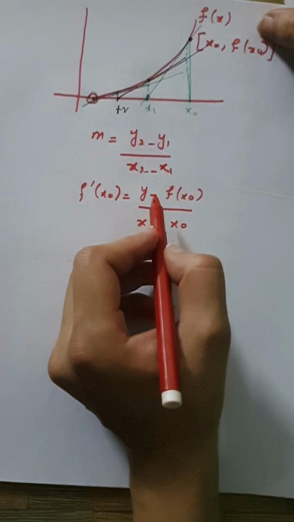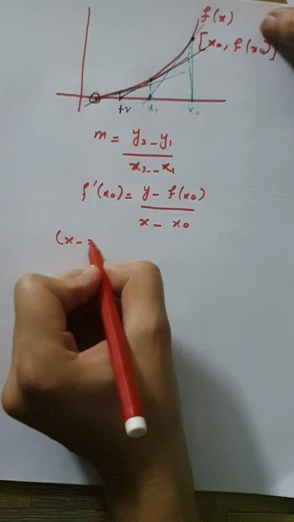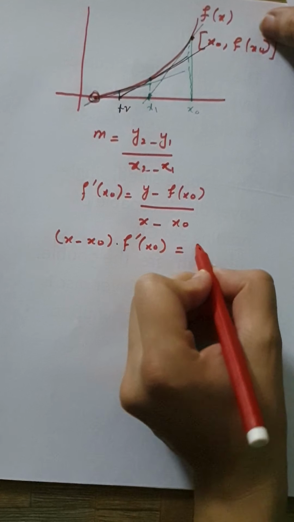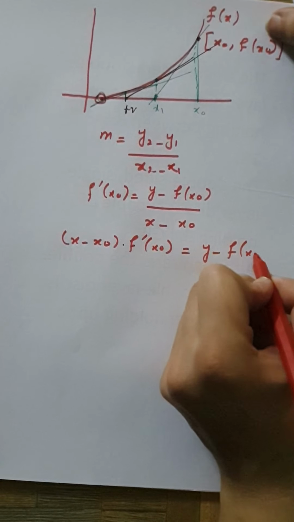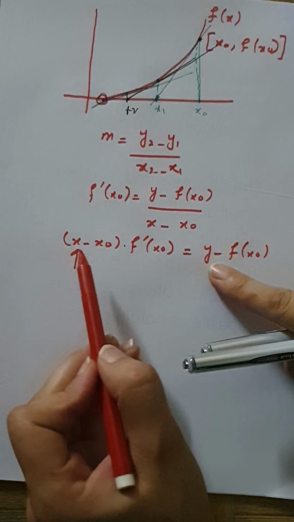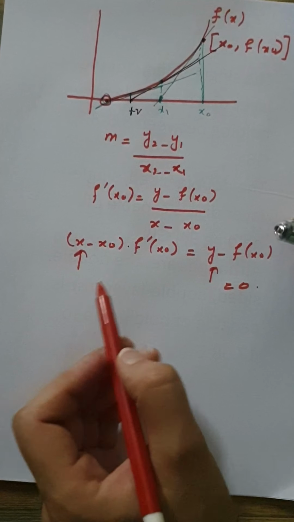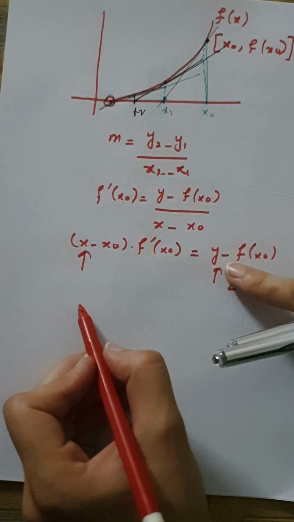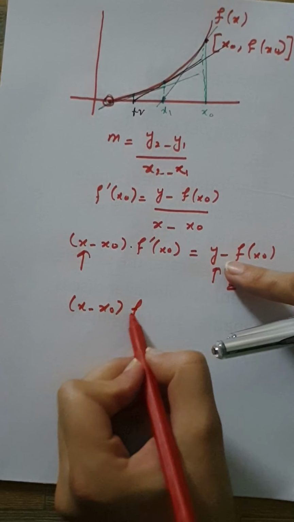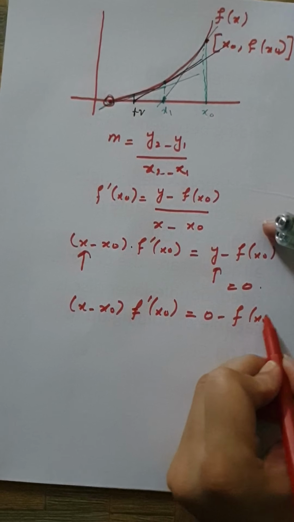Let me simplify. X minus x0 into f bar of x0 is equal to y minus f of x0. Since we are looking for that value of x at which our function y should be equal to 0, we will substitute y is equal to 0 in this expression, and we will be left with 0 minus f of x0.